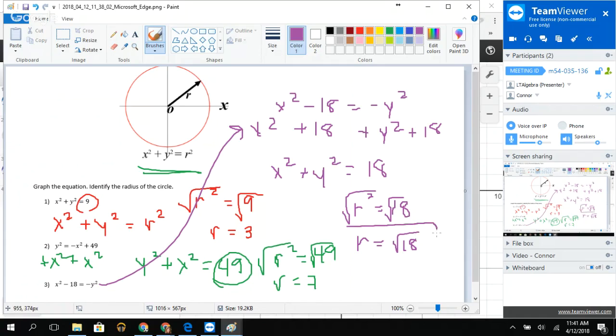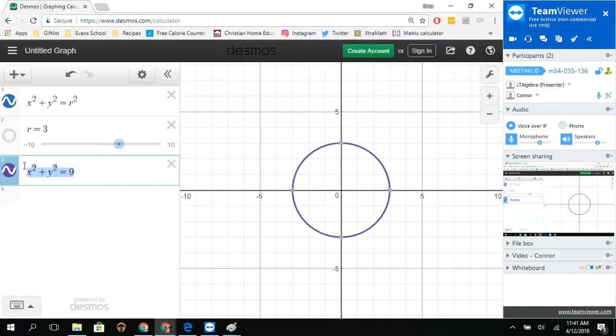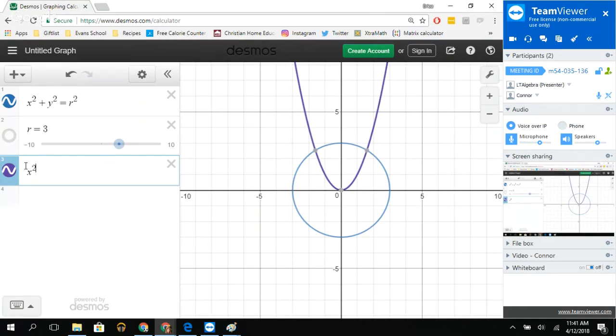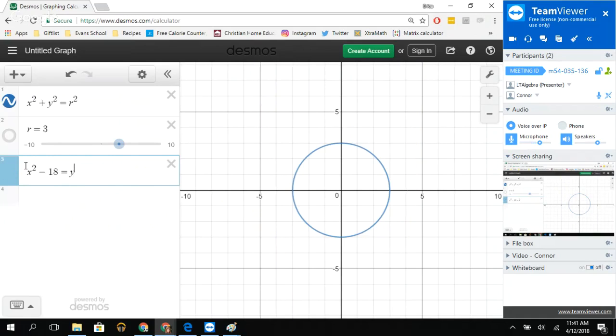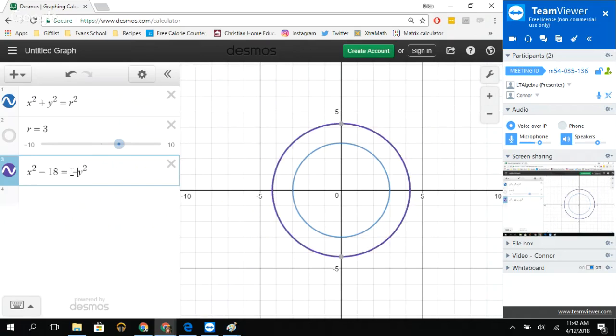So this isn't going to be a perfect radius, but if I evaluate what the square root of 18 is, that's about 4.24. So if I go graph my original equation here, x squared minus 18 equals negative y squared.